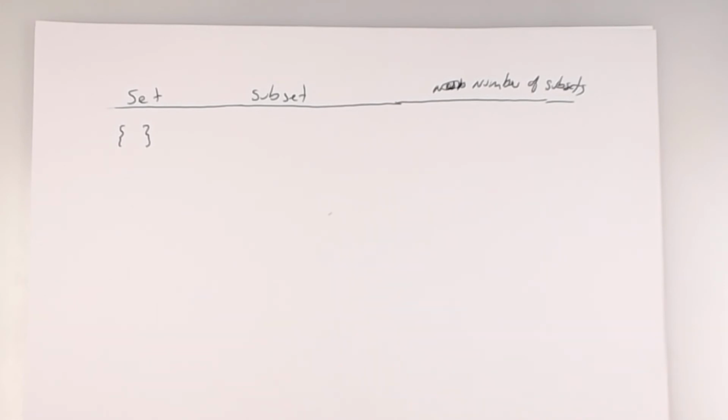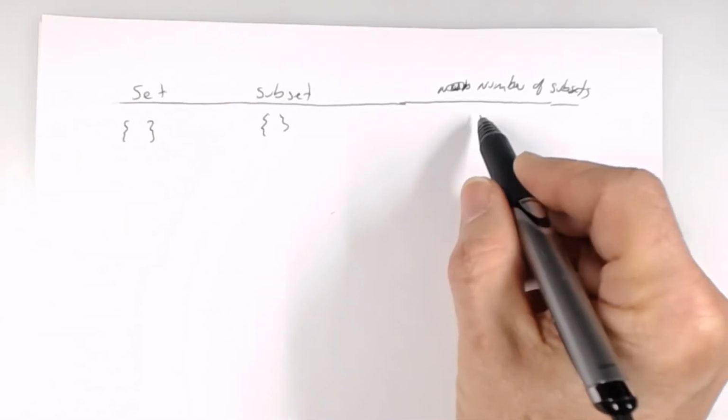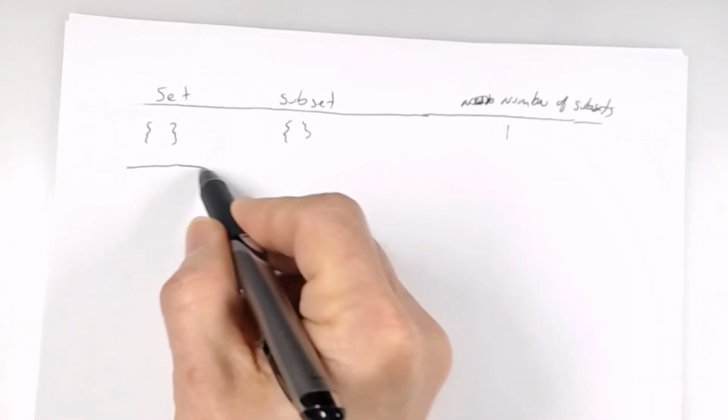Every set is a subset of itself, so the empty set has to be a subset of itself. I'm going to write that down. So how many subsets are there for the empty set? 1.